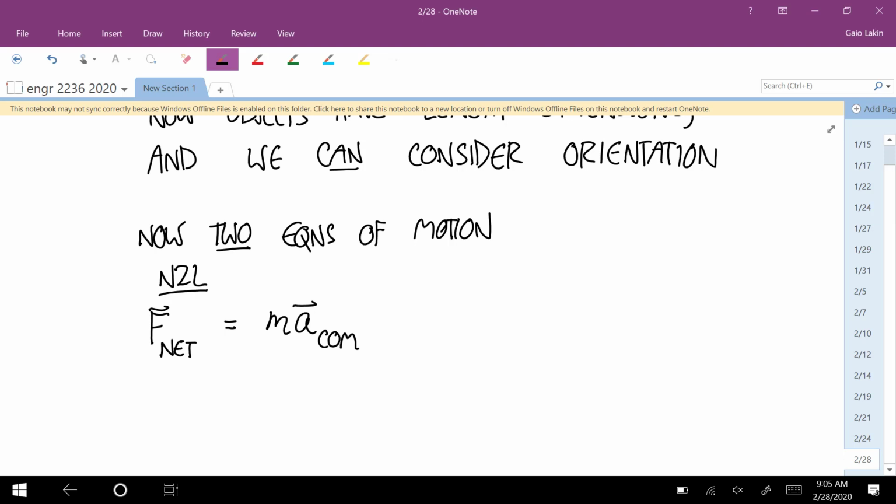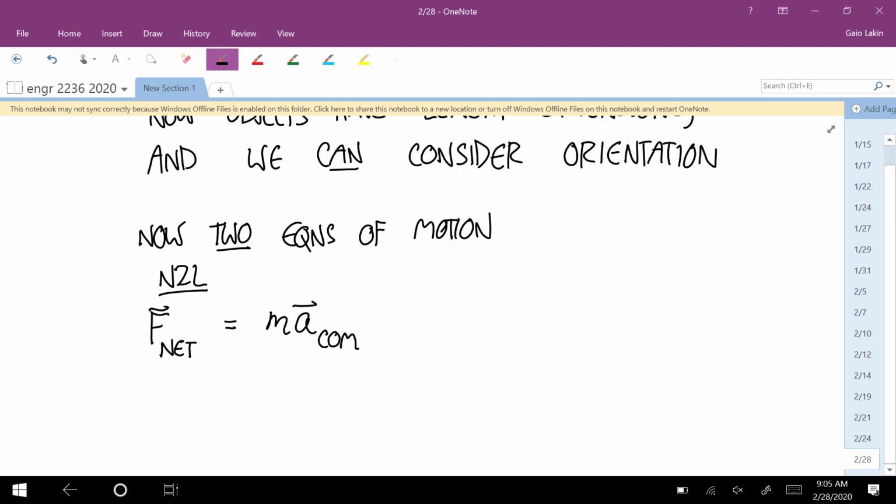Specifying the center of mass was kind of redundant when we're talking about particles because a particle we treat as only existing at the center of mass. But now we have to be very careful about the fact that we're doing calculations involving the center of mass. Because if you have a body changing orientation as it moves, the different points on the body have different accelerations. If it's rotating in a circle, when this point at the top going in a circle like this has an acceleration down, the point at the bottom has an acceleration up.